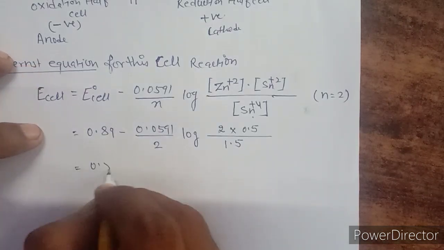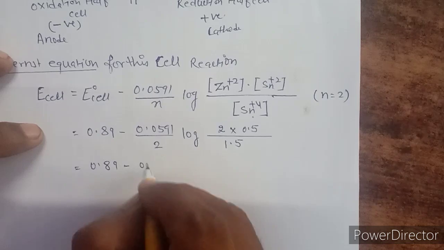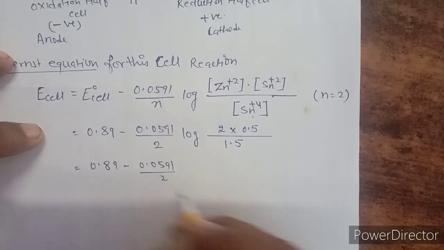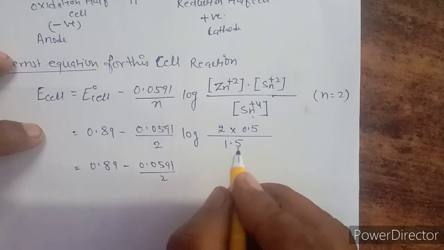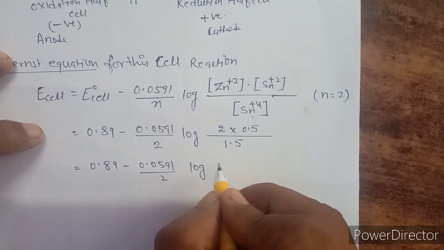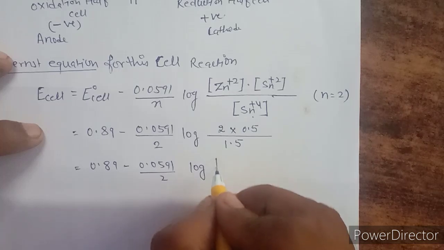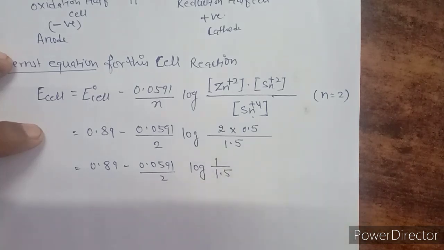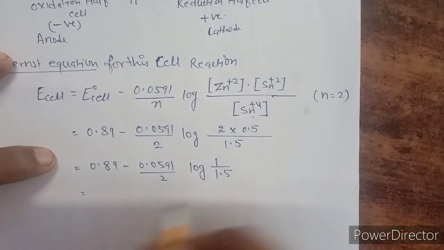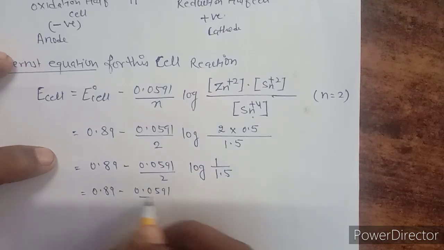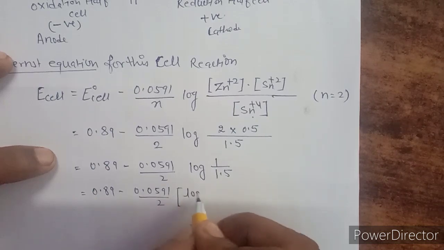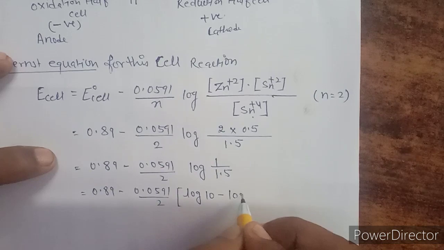Now solve it. 0.89 minus 0.0591 divided by 2, in this case log 1 by 1.5. Now you write here 0.89 minus 0.0591 divided by 2. Solve it. Log 10 minus log 15.